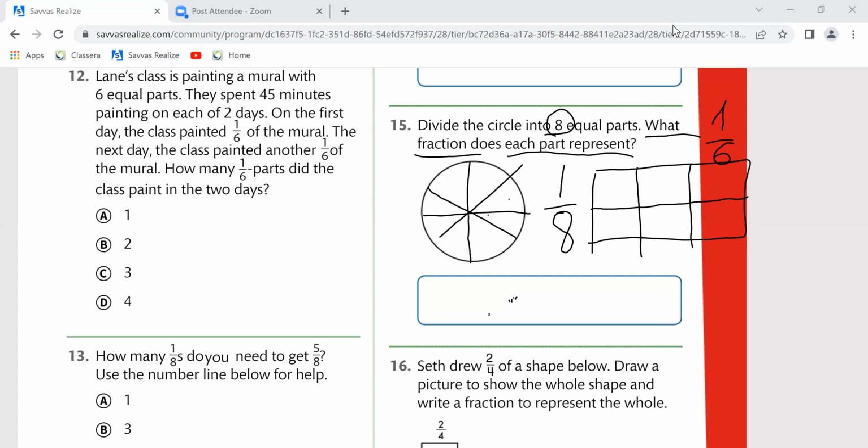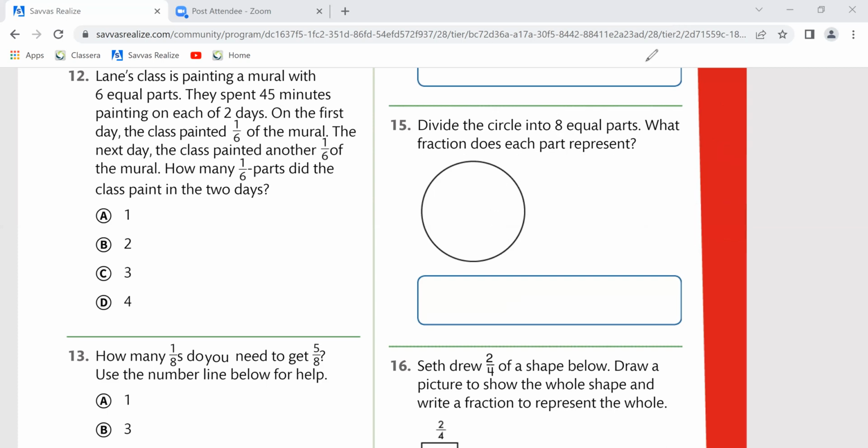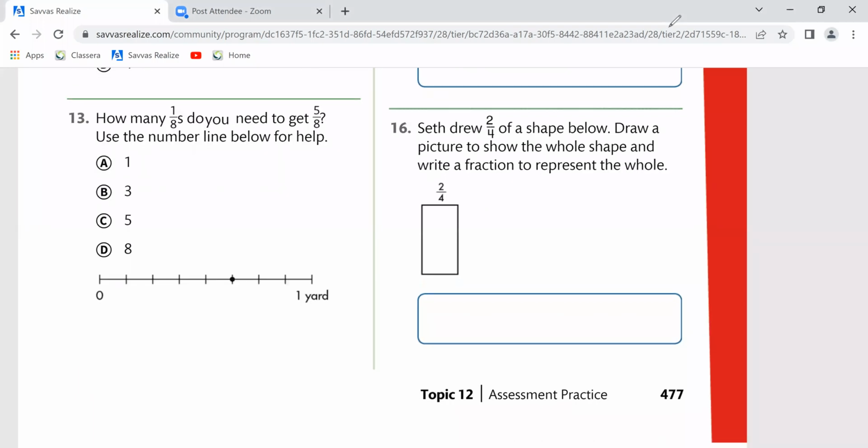Number 16, we were doing it like this. When you have part of the picture, you need to draw more pictures. Ready with this? 17. Sally drew 2 out of 4 of the shape. So what you see is 2 out of 4. This is 2 parts.